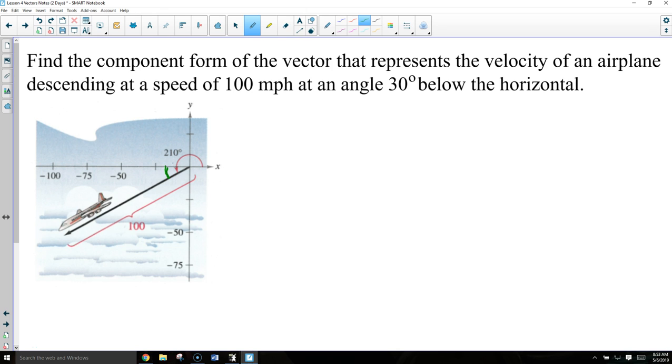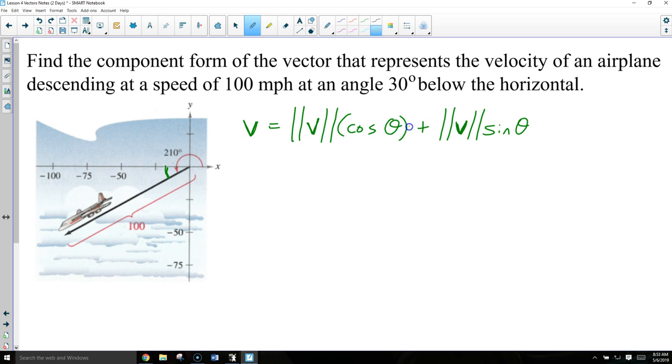So we look at our formula and we go, okay, vector v is equal to the magnitude of vector v times the cosine of theta plus the magnitude of vector v times the sine of theta.